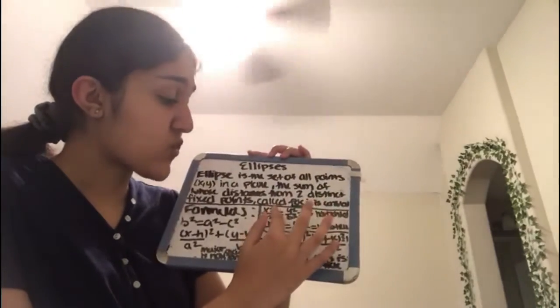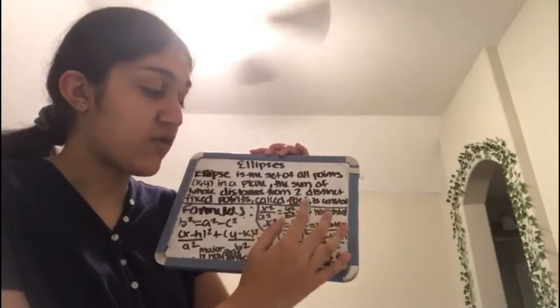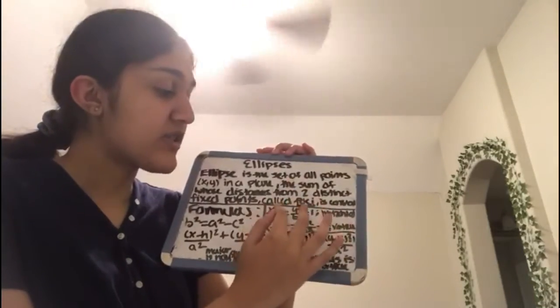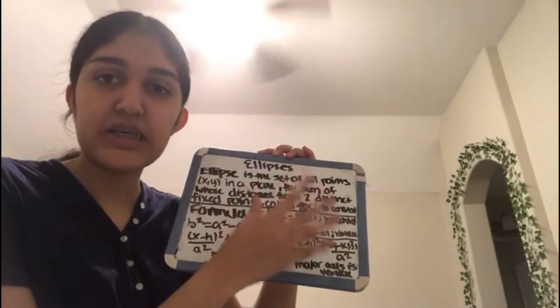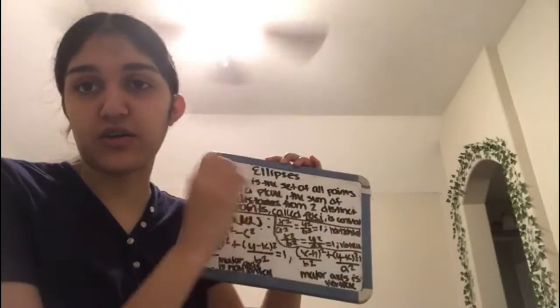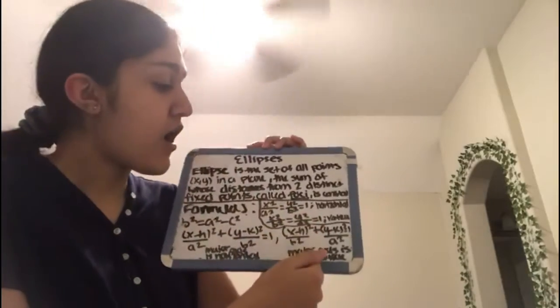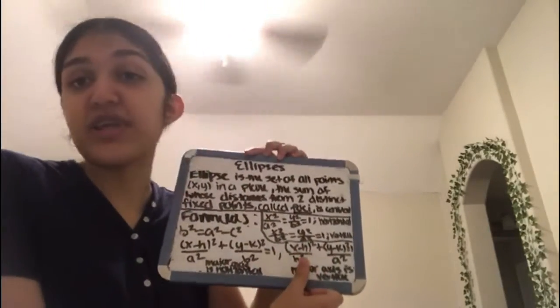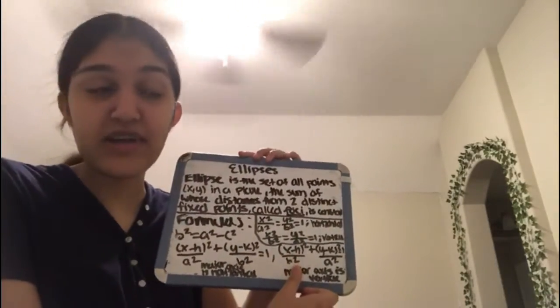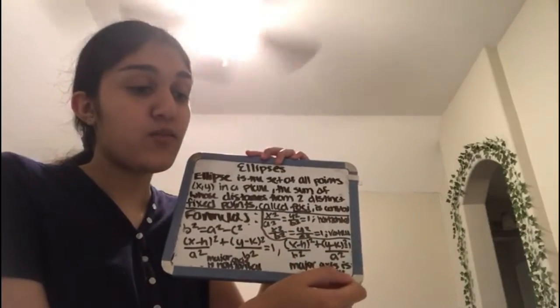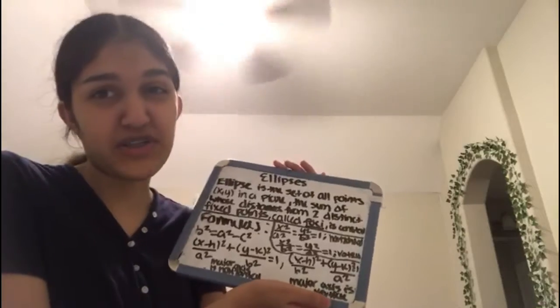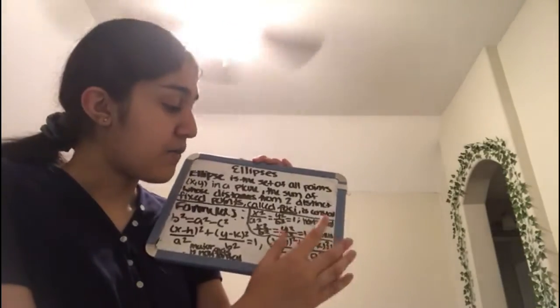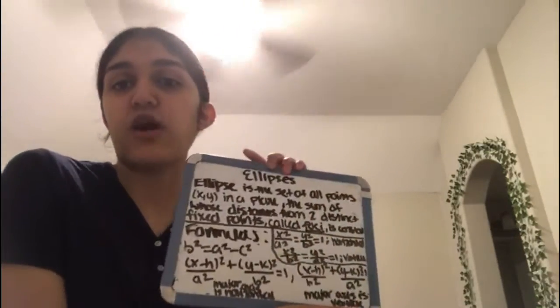This one is x squared over a squared equals y squared over b squared, and it's mostly like a cross kind of formula, like finding x with two fractions. It's more complex to find, but it's a similar kind of formula, just a little different. I will show you problems of this.